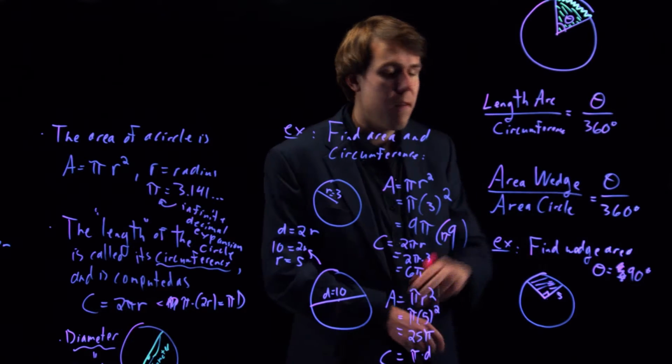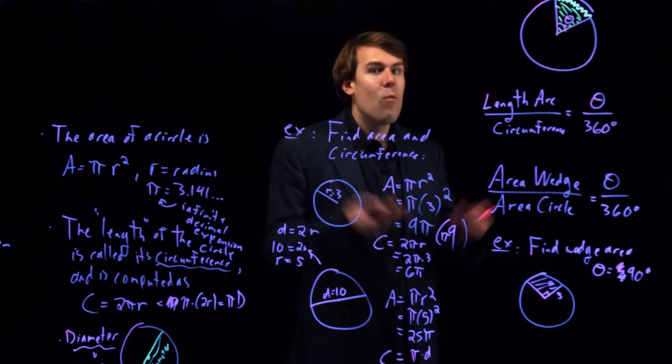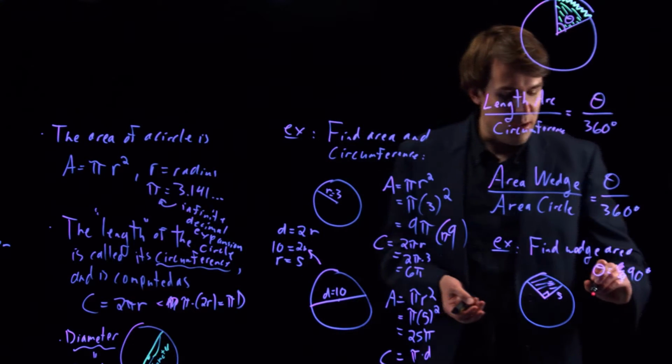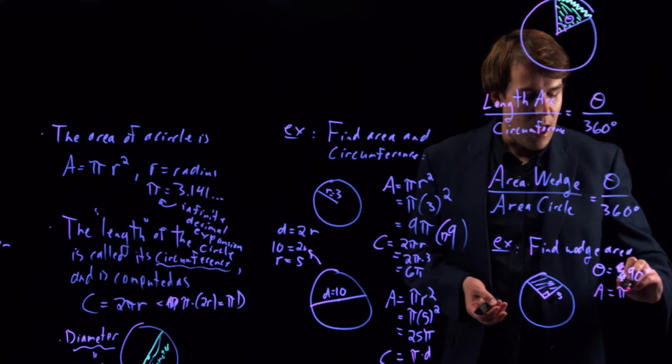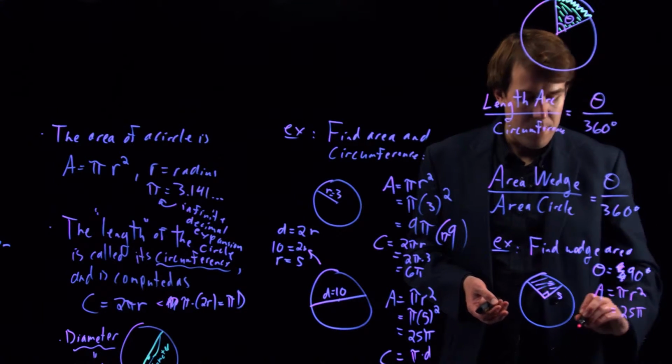But I need to know the area of the whole circle to be able to complete my formula. How do I do that? Well, I know the radius. I know that the area is pi r squared, which in this case is equal to 25 pi.